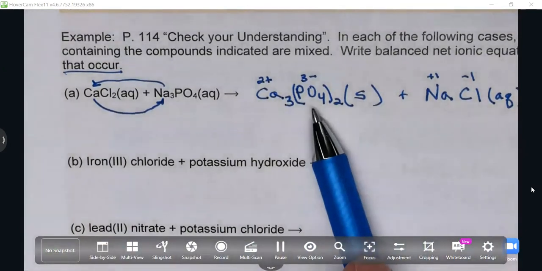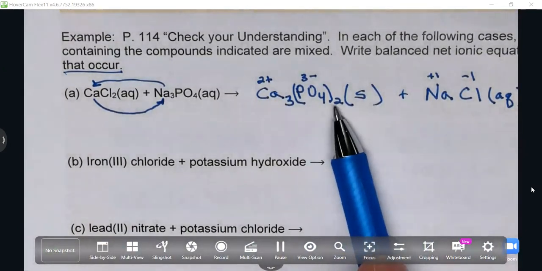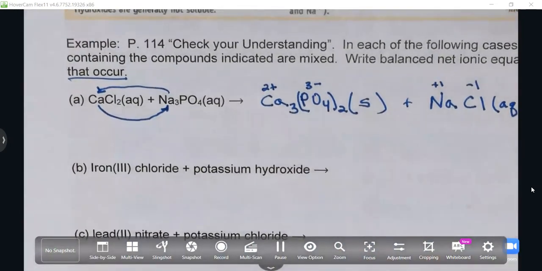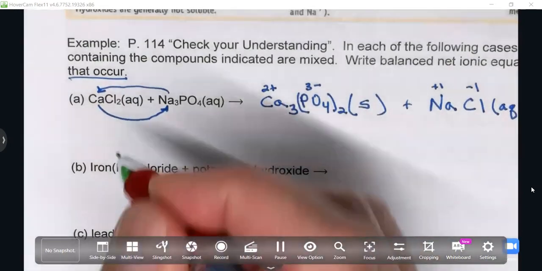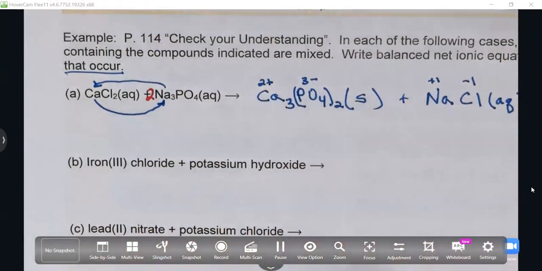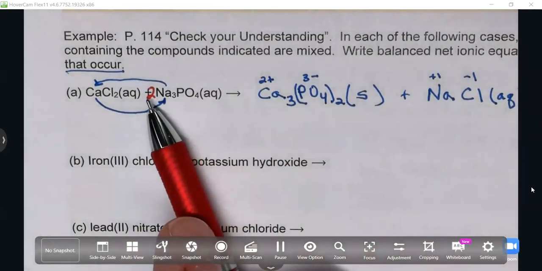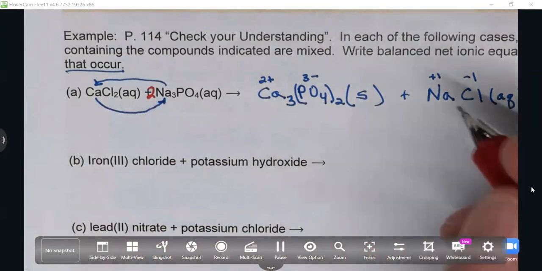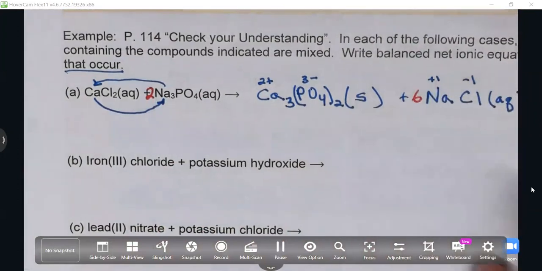We can start with phosphate because that's a polyatomic ion. 2 phosphates. Here, this would give us 2 phosphates there. And then that makes 6 sodiums, so we put 6 sodiums here.